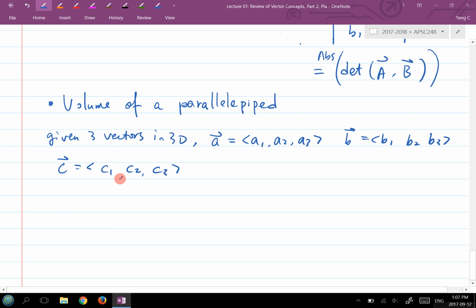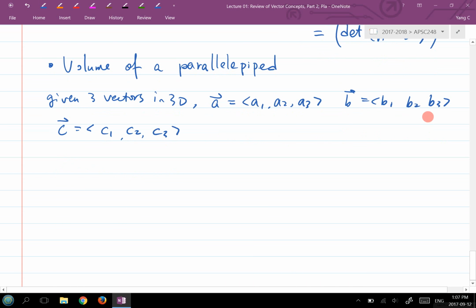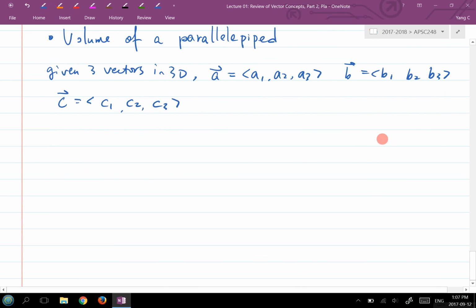So you know the quantities of all the A's and B's and C's. And now I'm going to draw the three vectors out, in a generic sense in 3D. Okay, so let's say A, B, C are given such that, like this.